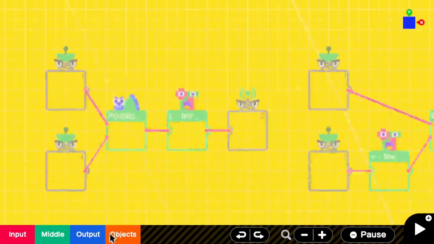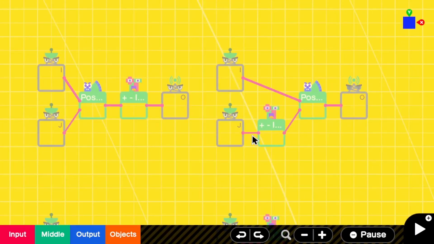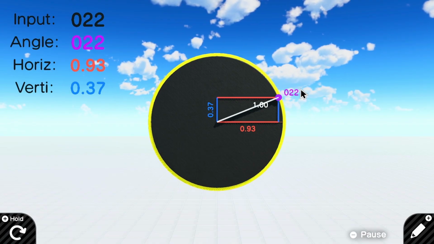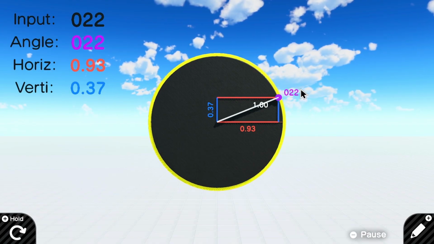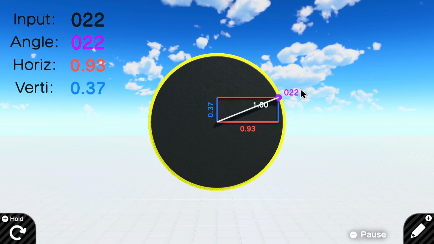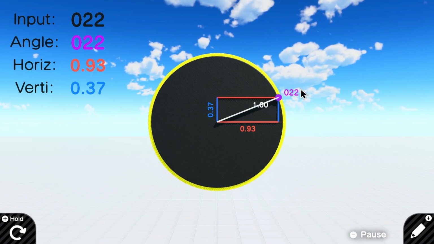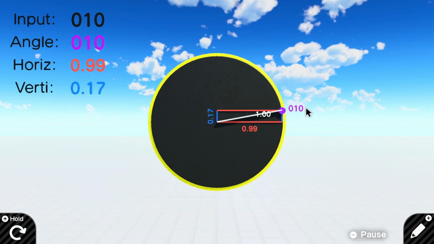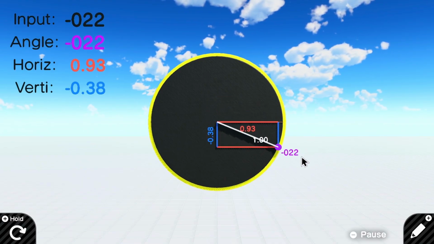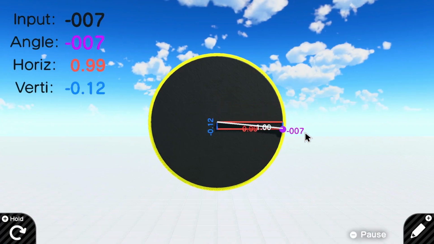And it's the same reason why this works. So just to show you here, given the specific position and angle of 0.37 and 0.93, if we give the same horizontal input of 0.93 and give negative 0.37 instead, it's just going to get flipped here, and we're going to get the negative of the original angle.